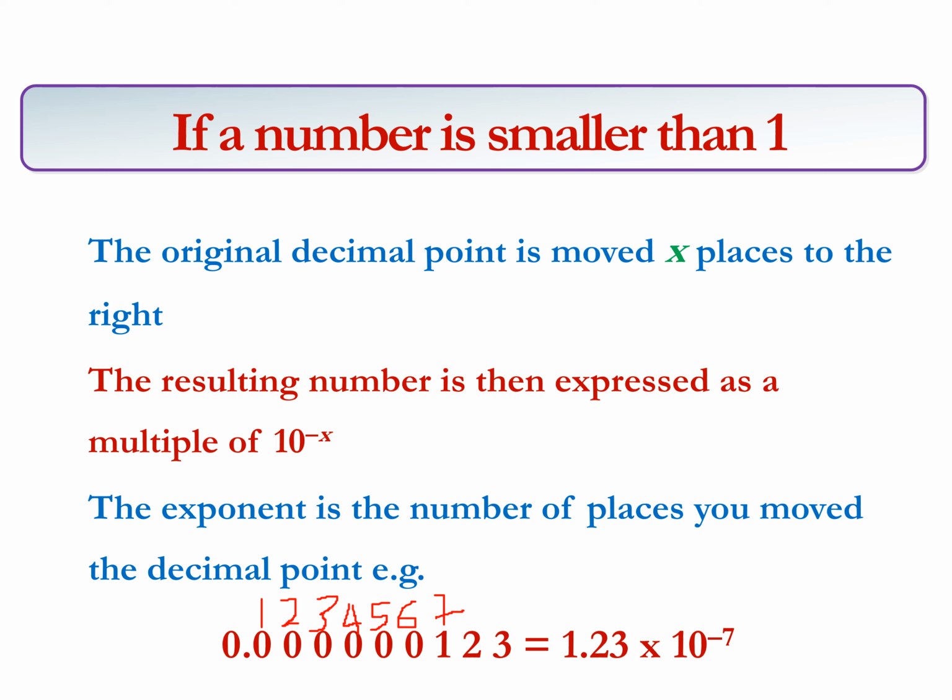Then this will be 1.23 times 10 to power minus 7. So we used a negative sign here because the number is smaller than 1.